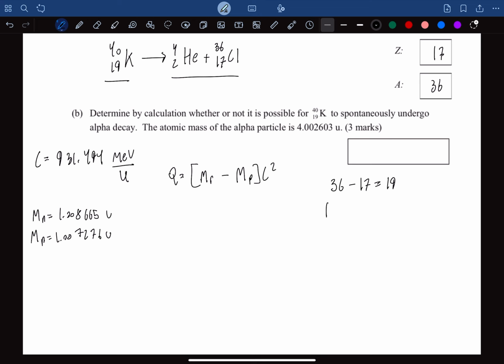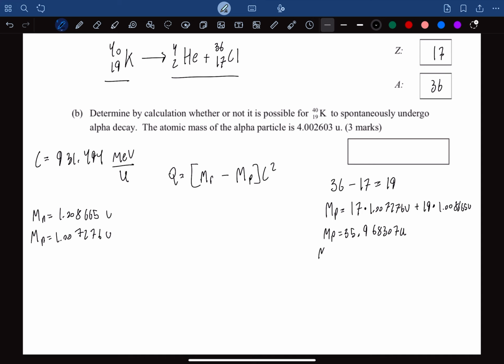So we can calculate the atomic mass on the right side. The mass of the protons is 17 times 1.007276 U, plus 19 times 1.008665 U. The total mass is going to be equal to 35.968307 U. And then we also need the mass of the alpha particle, because it didn't give us the total mass of the products.